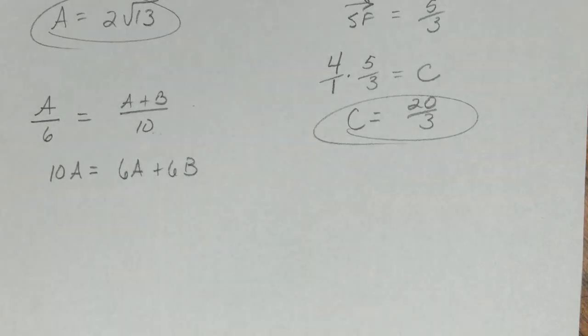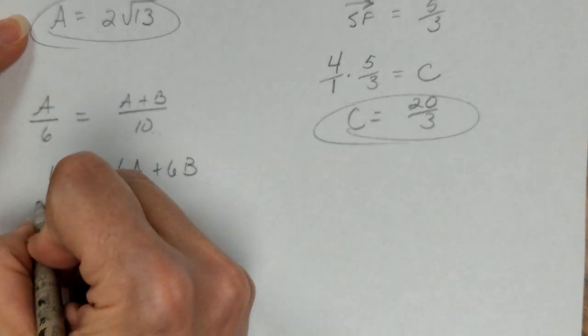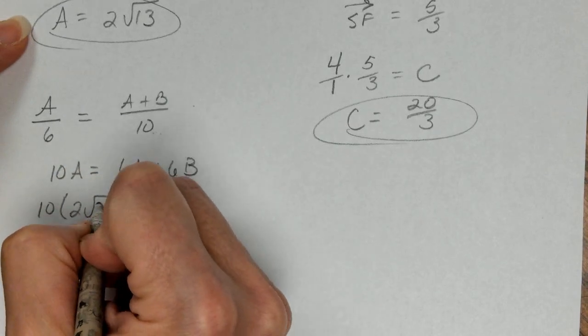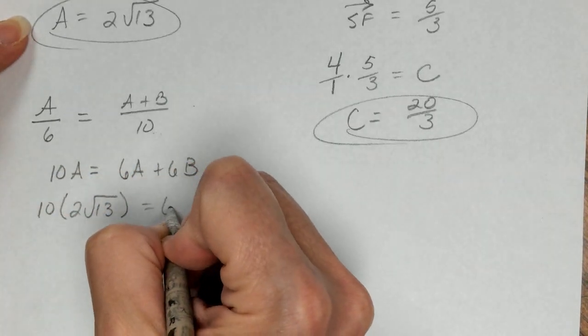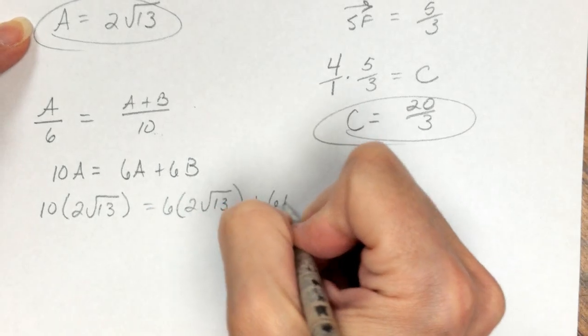Alright, so I guess I'll go ahead and put my number in here for A. We have 10 times 2 root 13 equals 6 times 2 root 13 plus 6B.